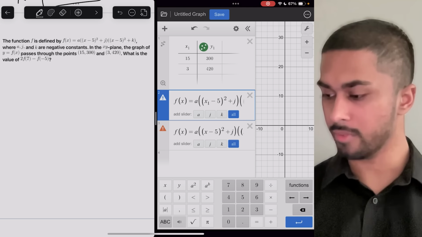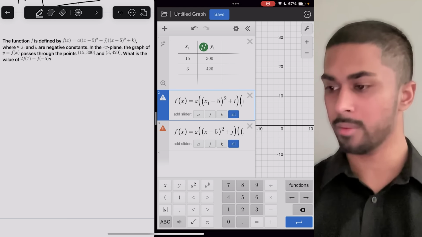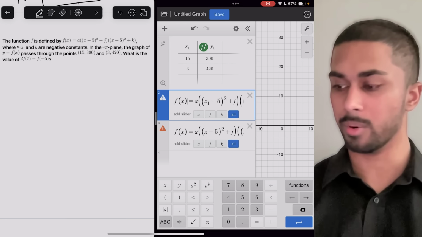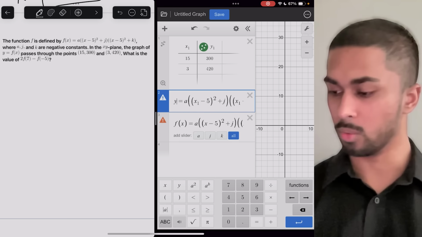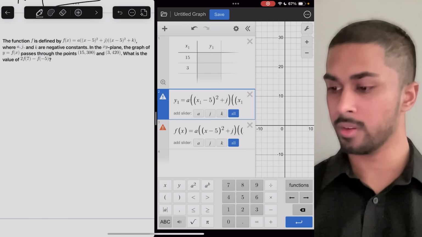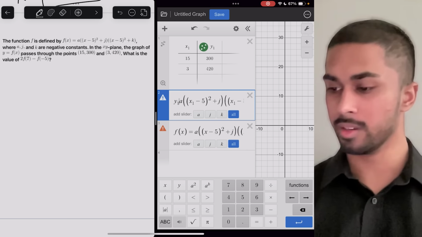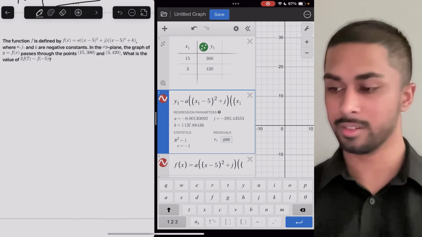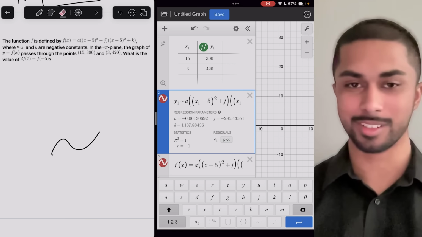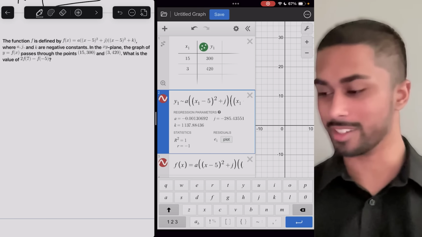And then instead of f of x, we're going to change this to y because we want to use the y1 from the table, right? That's why we're doing x1 and y1. So y1. And all we need to do is delete this regression or tilde. That's what the sign's called.